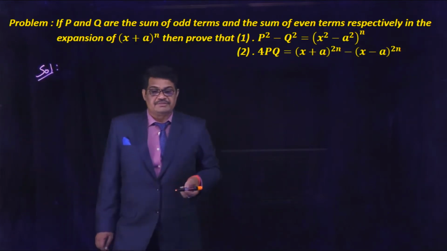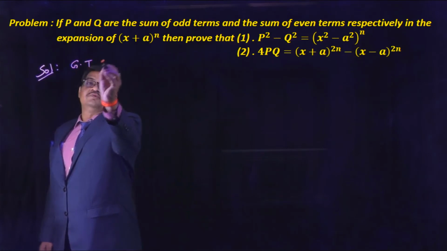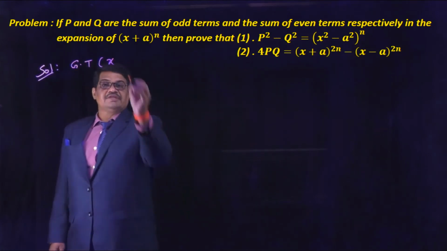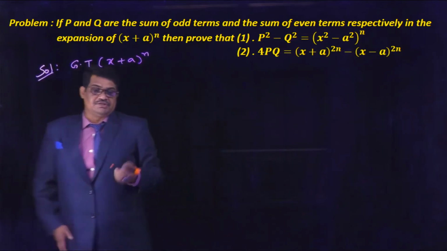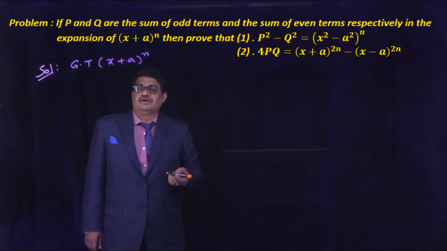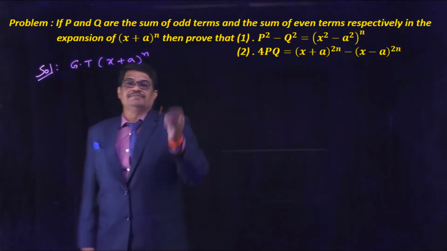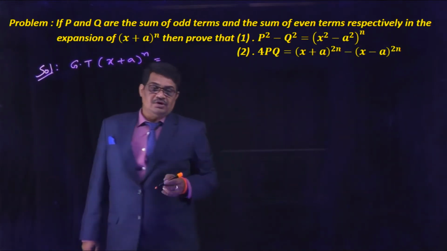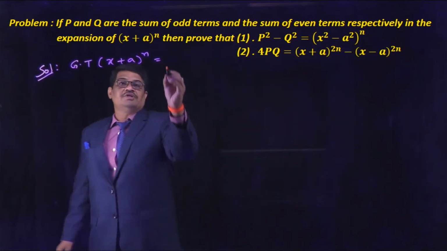What is the given expression? That is the binomial expression (x + a)^n. Now we are writing this expansion. So what is the expansion?